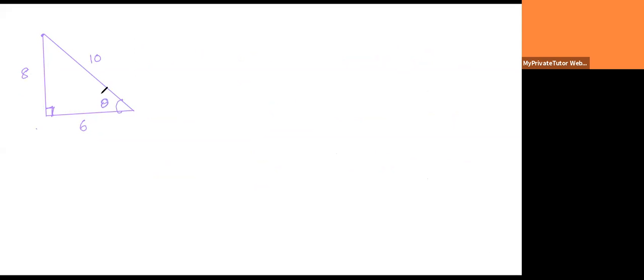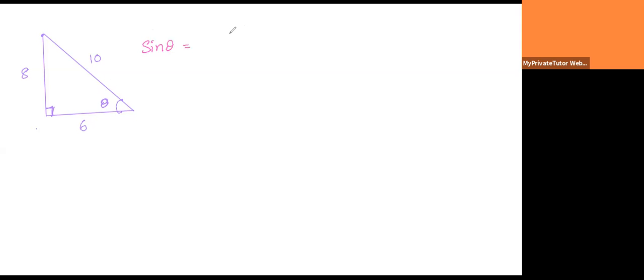And the question is, find all the trigonometric ratios of the given right angle triangle. So first one, you are going to find sine theta, guys. What is sine theta?